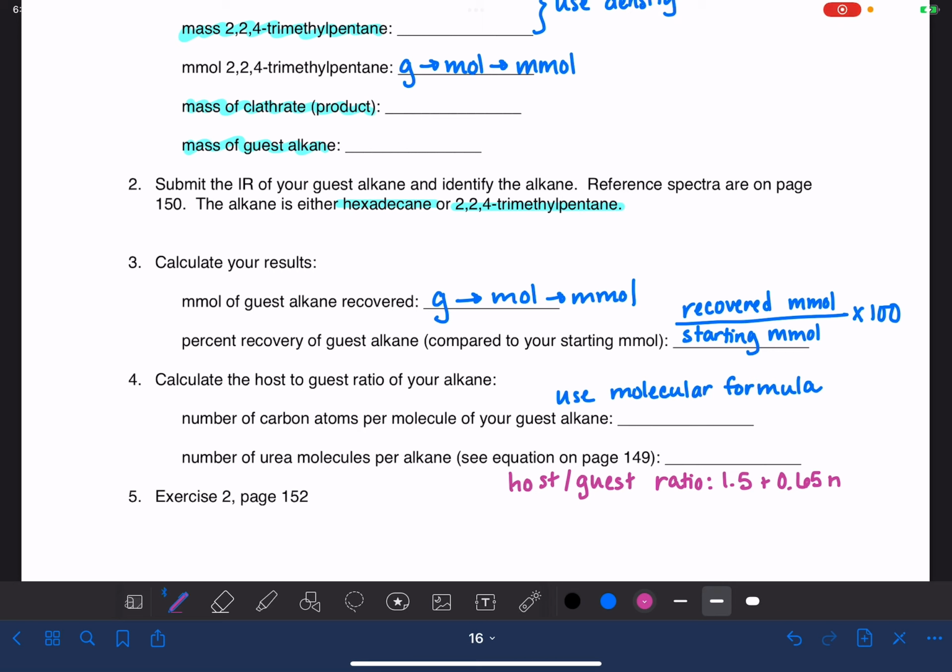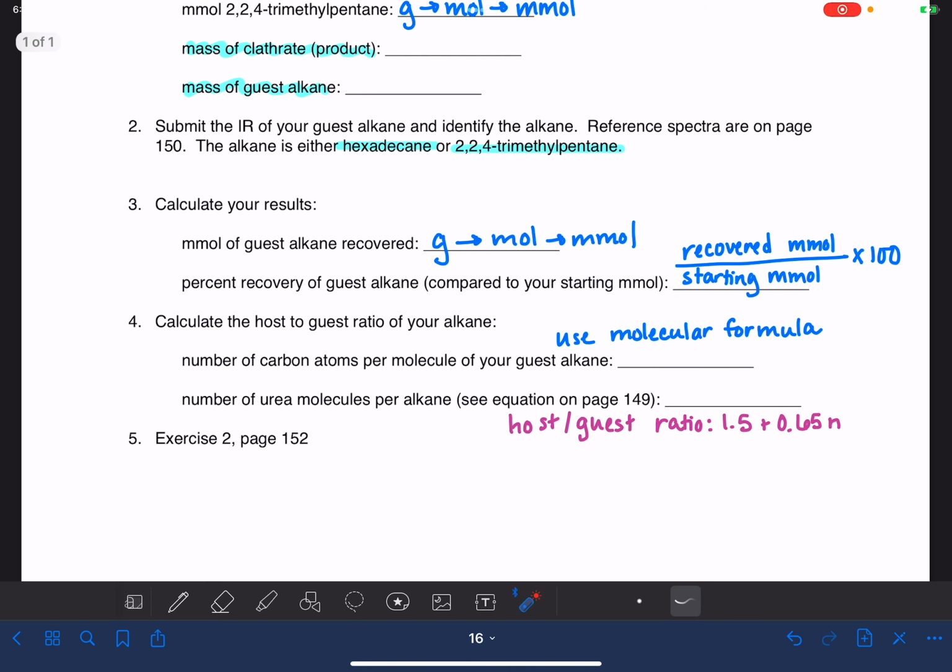So this is the equation that you're looking for on page 149. And on page 149, it explains to you what n represents and how to interpret the number that you get by doing this calculation.